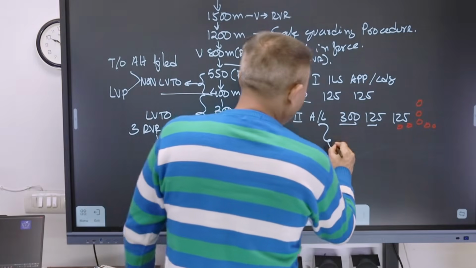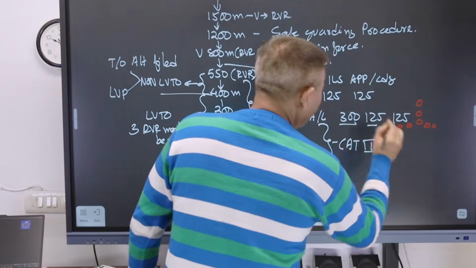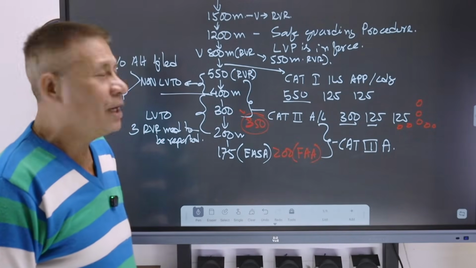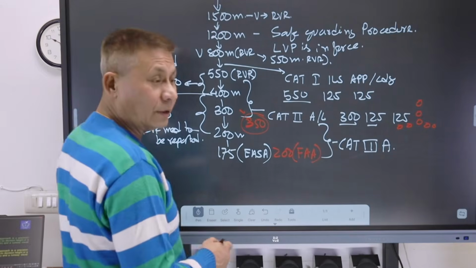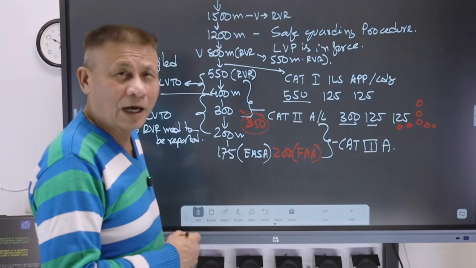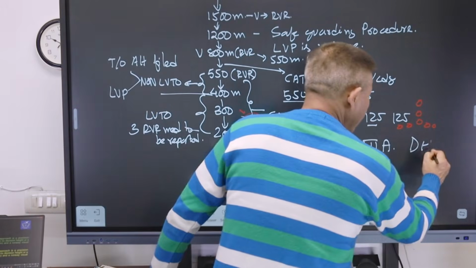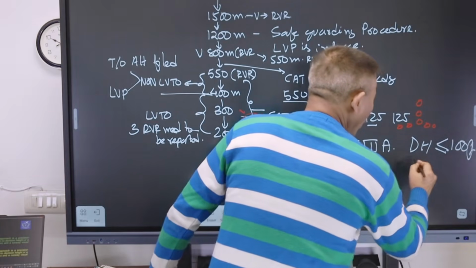It is category 3 alpha, or sometimes some regulators or terminology may call it category 3 fail passive. The category 3A approaches are those approaches where your DH may be less than 100 feet or no DH.